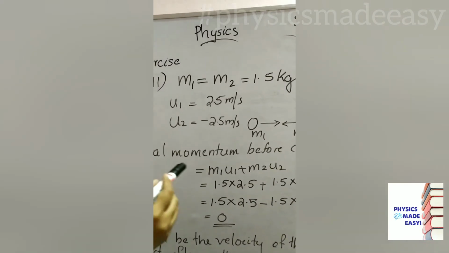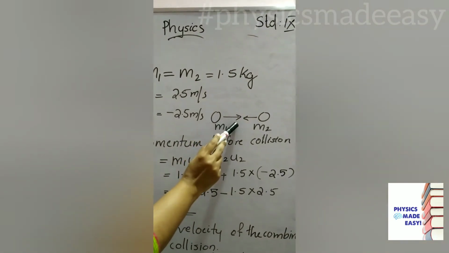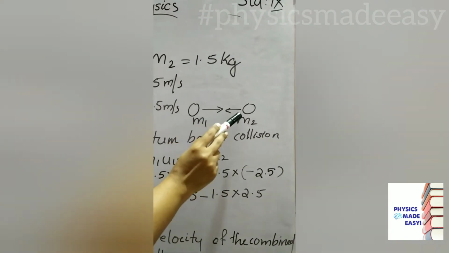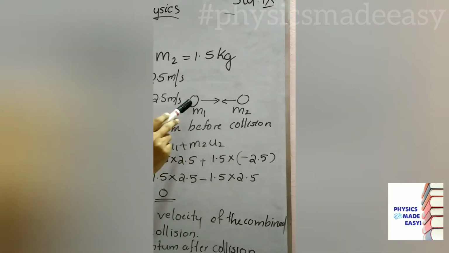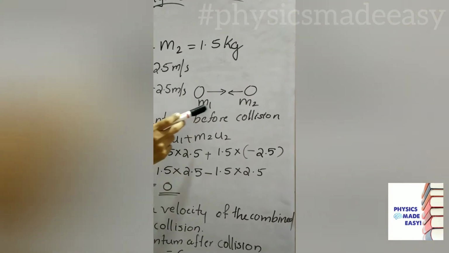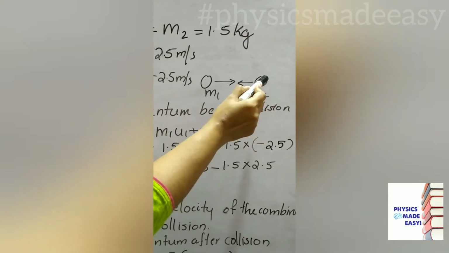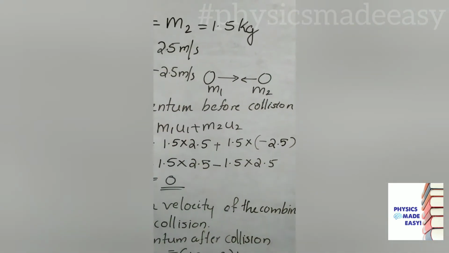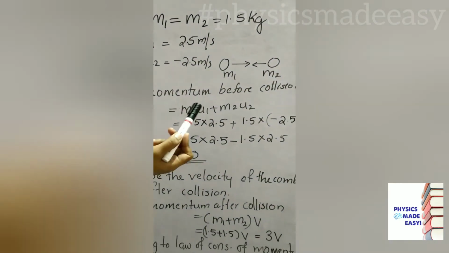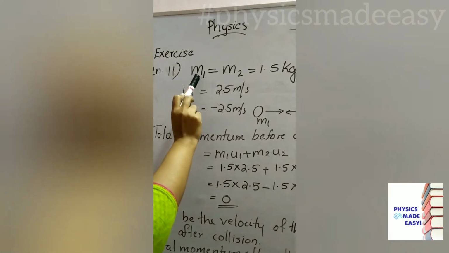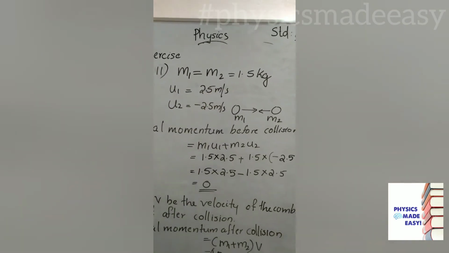Here two objects are there, both moving along a straight line but in opposite directions. Here you can see the object having mass M1 moving from left to right, and the object having mass M2 moving from right to left. Here they collide. Mass is given, M1 is equal to M2 is equal to 1.5 kg.